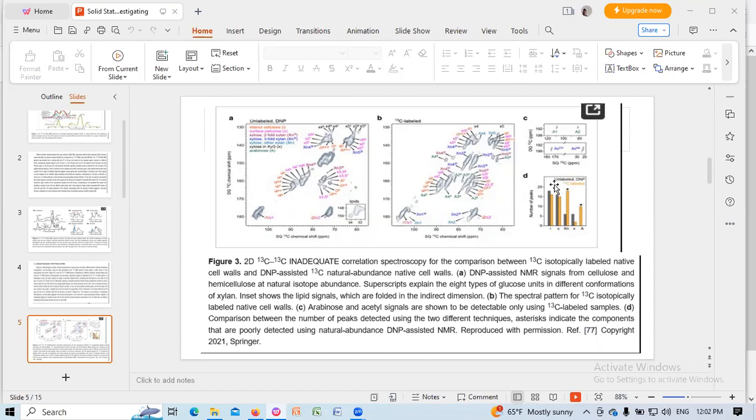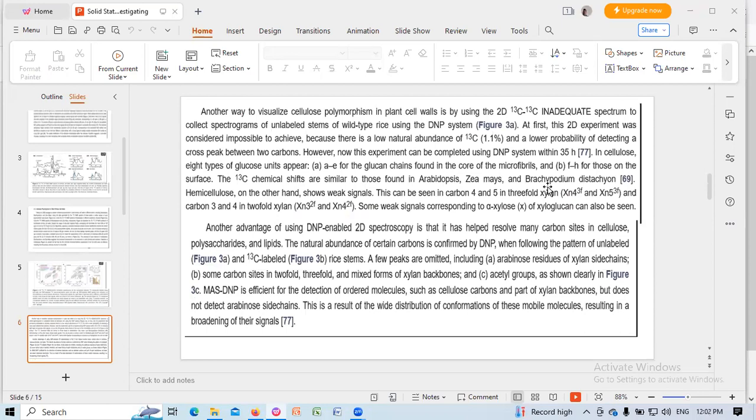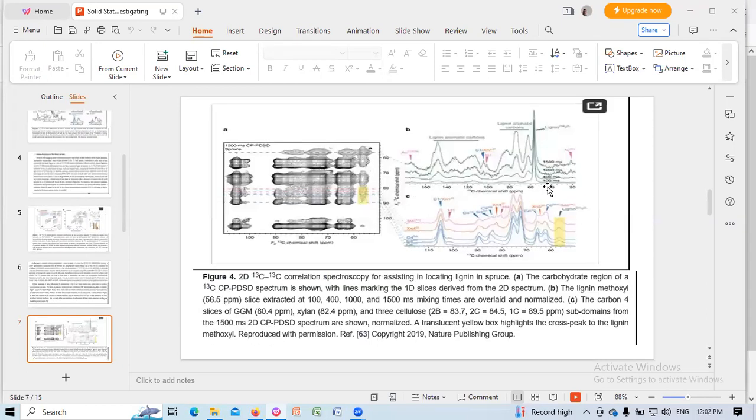The INADEQUATE experiment is designed to detect those rare instances where two C13 atoms are adjacent and coupled to each other, and this allows correlation between them. This is some explanation of INADEQUATE C13 correlation.